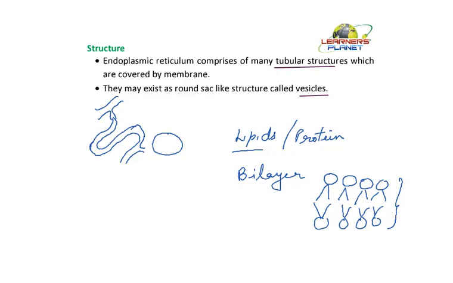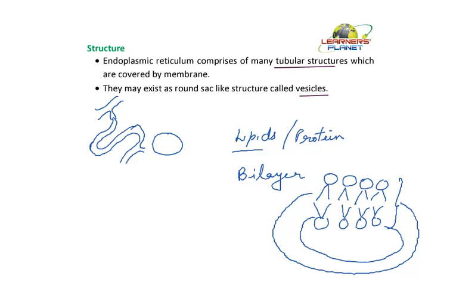Now this bilayer structure will either form a tube of this sort or it will form this circular round structure. So what will be the structure now? It will continue in this particular way. This is one layer and this will form a second layer.